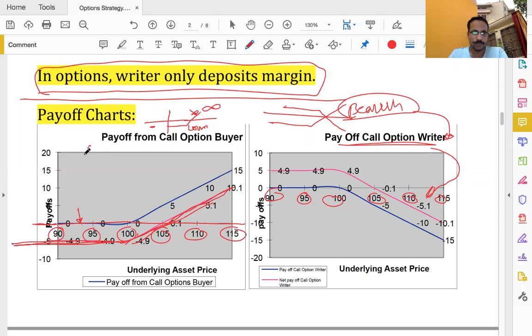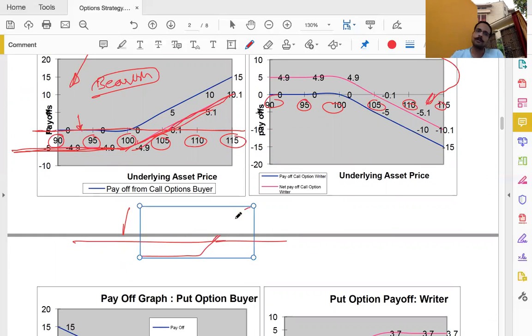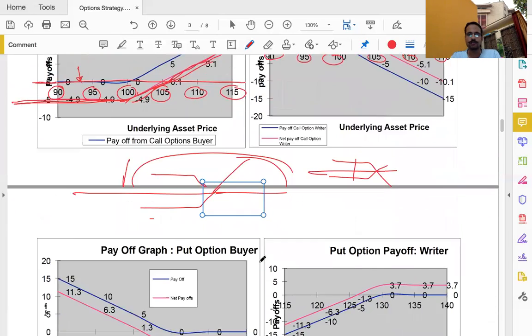And the buyer will make a loss when the market becomes bearish, because he is essentially a bullish fellow, right? So these are the two graphs. Remember that this is the call option buyer, and this is the call option writer, or the call option seller. So this is what the graphs look like in case of a call option.